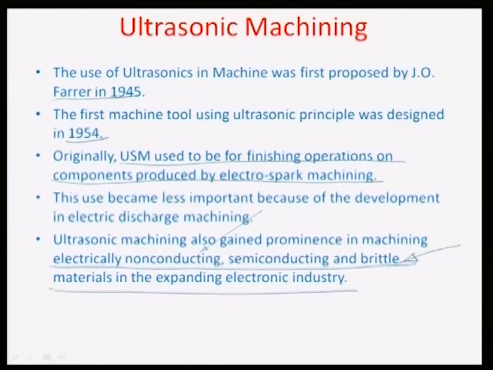And because this is a mechanical means of adding energy, all materials which would otherwise be removed with an electrical method can now be planarized or machined using a mechanical method in the USM process.